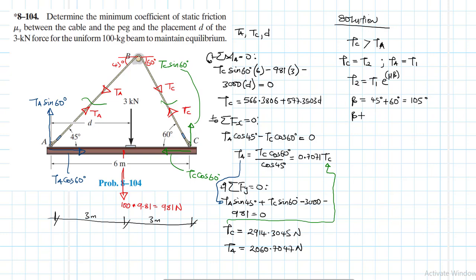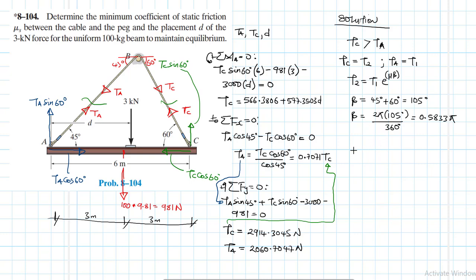Converting this to radians, beta will be equal to 2 pi times 105 degrees divided by 360. This gives us, as a decimal number, 0.5833 pi. I want this number of decimal places to maintain accuracy. But if you do not want to work it like this, you can use it as it is, as a fraction. Right, so we have our beta.